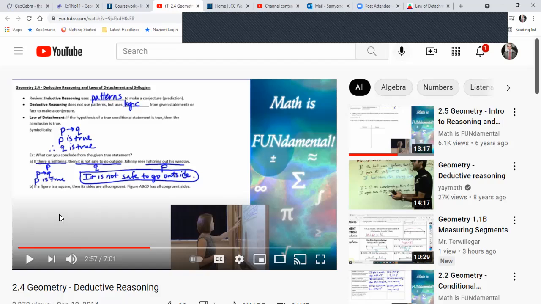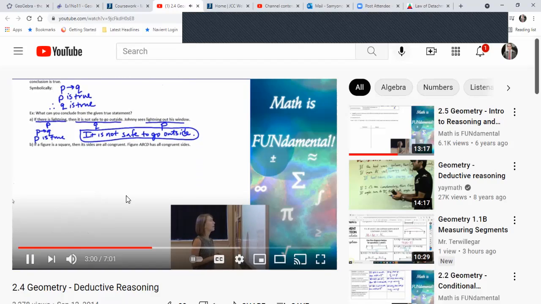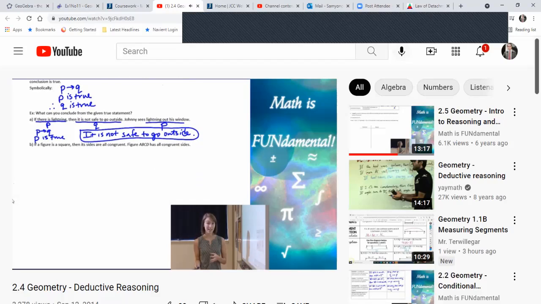Okay, so the next example is this one. It says, if a figure is a square, then its sides are all congruent. Figure ABCD has all congruent sides. So what can we conclude? A lot of students think that you can conclude that it's a square, but we have to be really careful with the law of detachment.